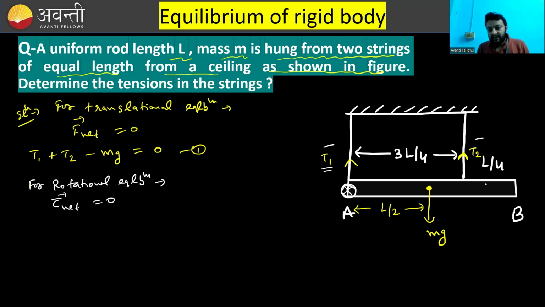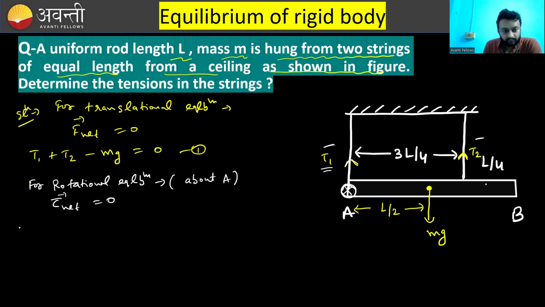T1 is the force whose torque is to be calculated, and since it intersects the axis, its torque will be zero. I think things are sorted. So I am taking torque about A, so T1 will be eliminated. Only T2 will remain so that it can be calculated easily.